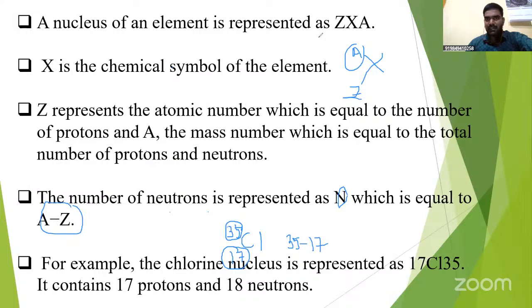Z indicates the number of protons and A indicates the number of nucleons. Chlorine is the element having 35 nucleons and 17 protons. If you subtract protons from nucleons, you get the neutrons.